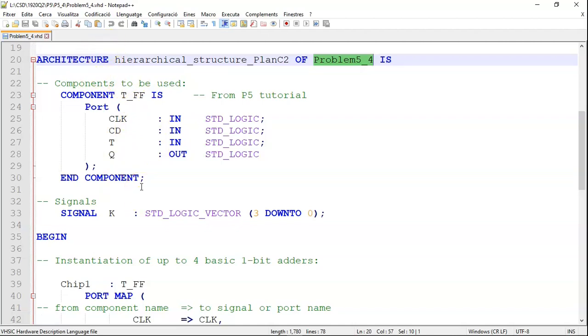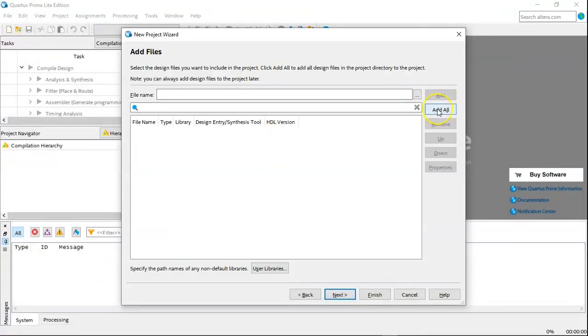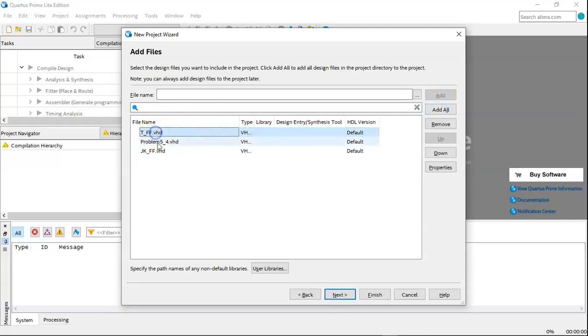On one hand, you have the schema, and on the other hand, you have the VHDL translation. So this is what we are going to do, but in this case, from the Quartus Prime environment, right? So I will switch off this file, and I will go to Quartus and ask to add all the 3 files now, right? T flip-flop, problem 5.4.